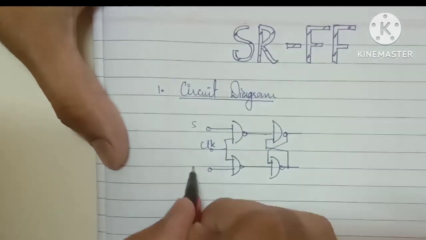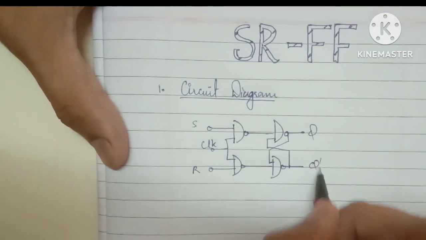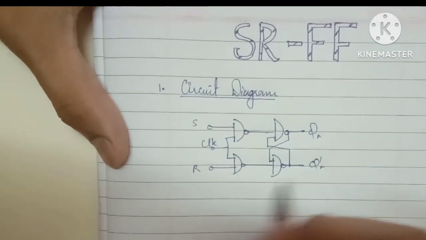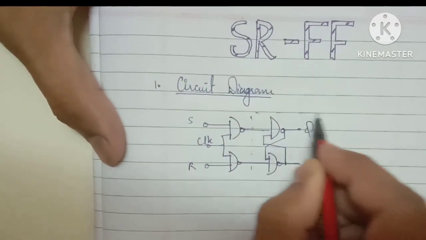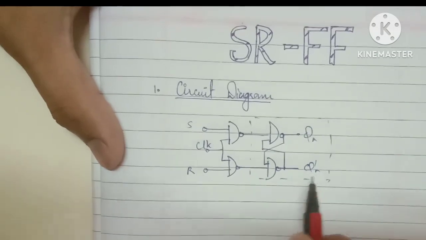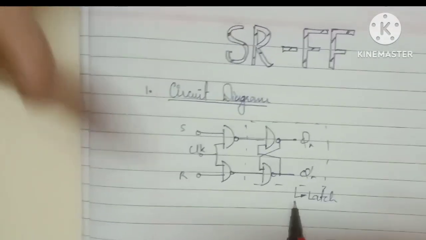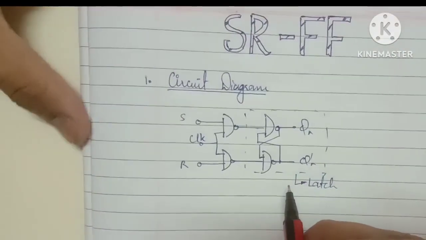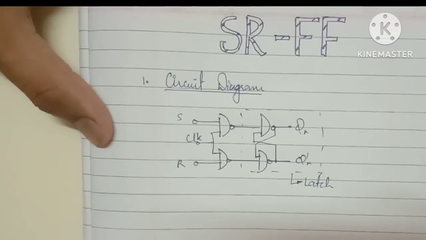I assume you have watched my previous video, so you know that this part is called the latch, the SR latch. I am applying the control input, so that's why you are getting the flip-flop.